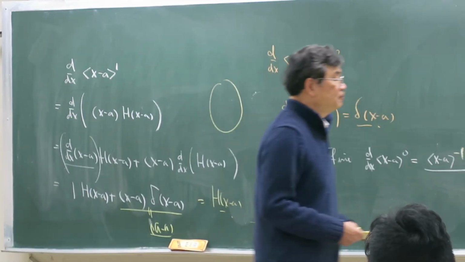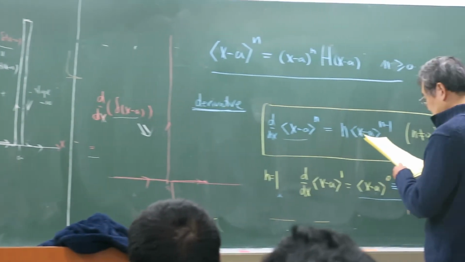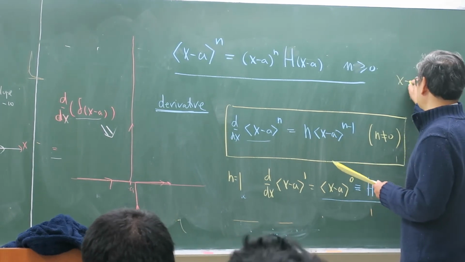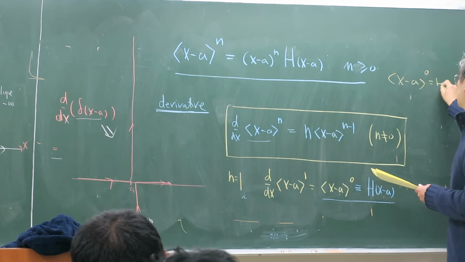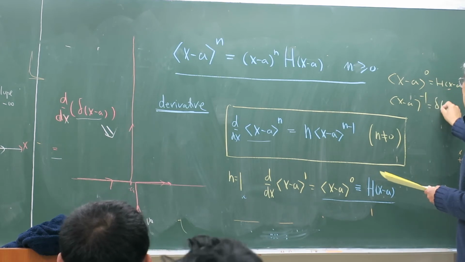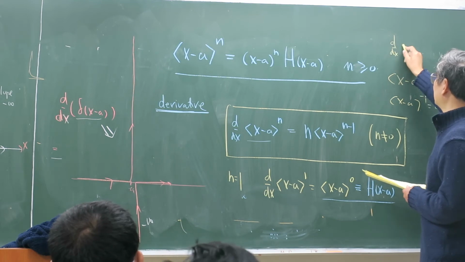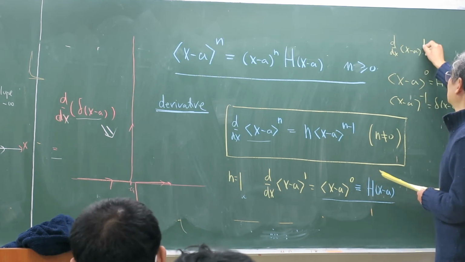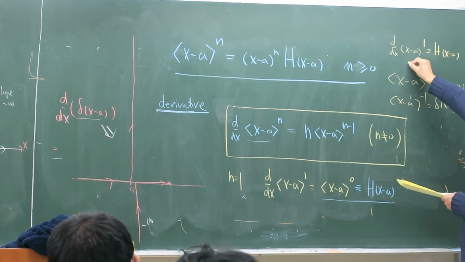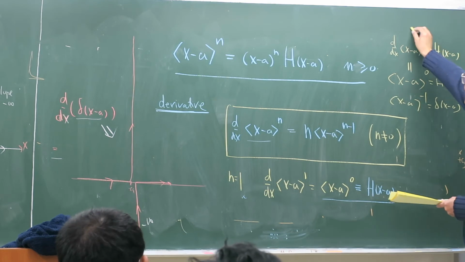So let's keep in mind: (x − a)^0 is the Heaviside function, (x − a)^(−1) is delta, and the derivative of (x − a)^1 is equal to this.